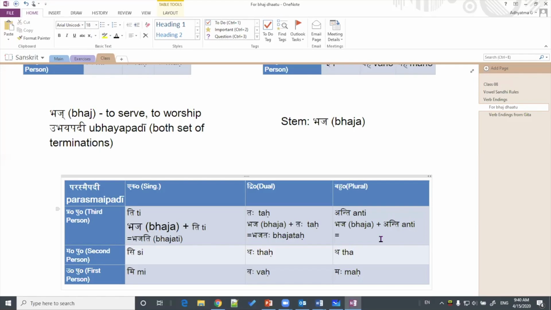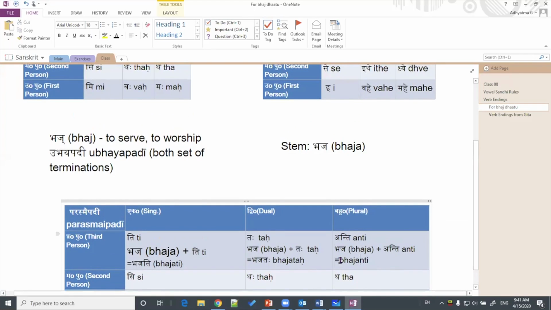Right now just understand that despite the Sandhi rule, there are many other exceptions which take place when we make these verb forms. So this is one of those cases. Bhajanti.